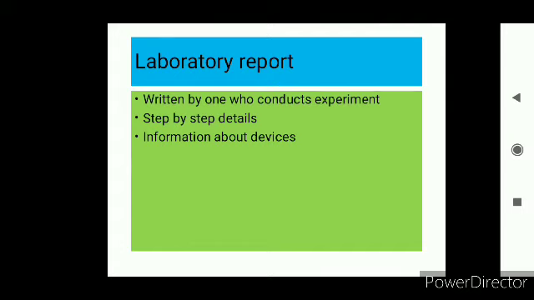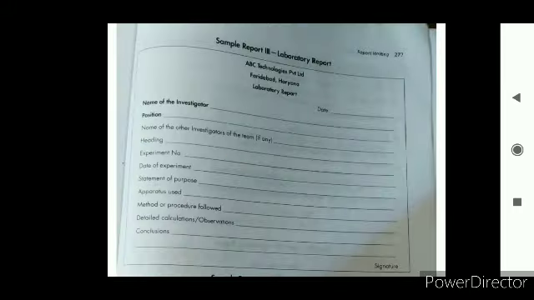In the next slide I'll show you the format of the lab report, and the criteria which come under it. First comes the company address at the center, whichever report you are going to write. Then comes the date at the right corner.